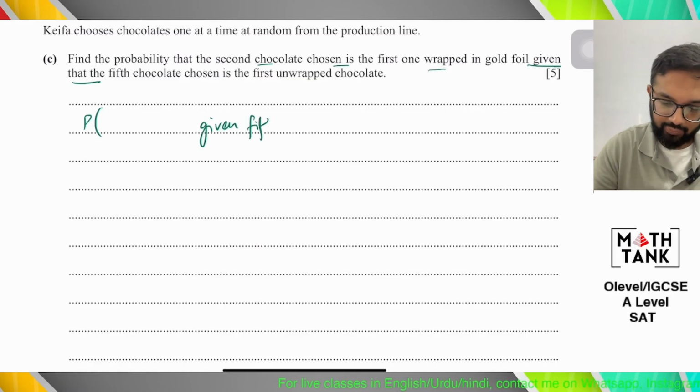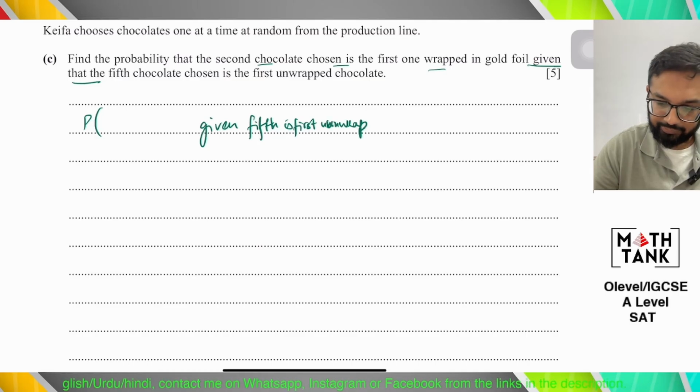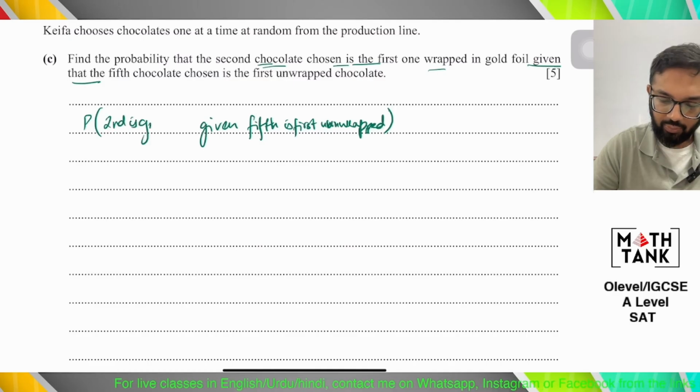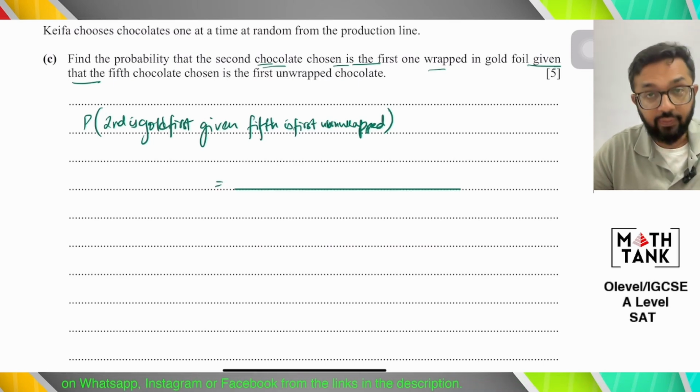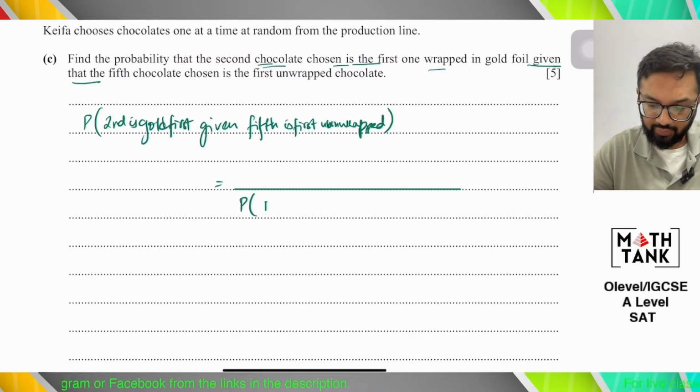Fifth is first unwrapped, and second is gold first. Okay, that's slightly confusing. Let's first figure out the denominator. It's fifth is first unwrapped.